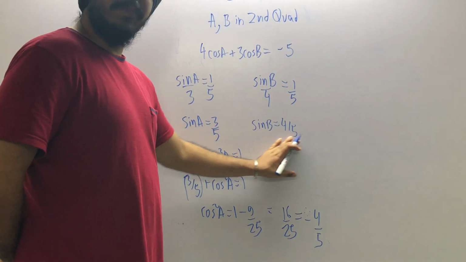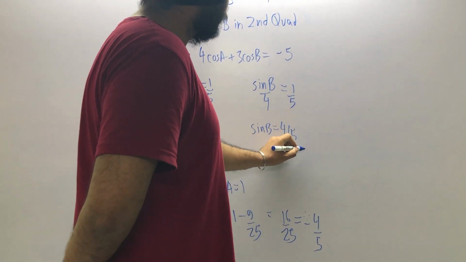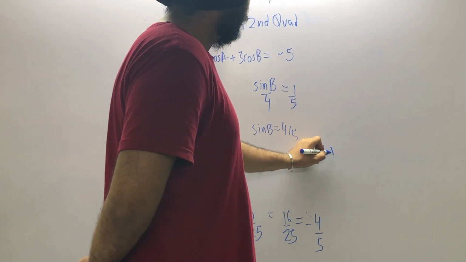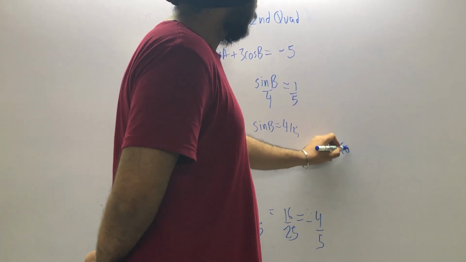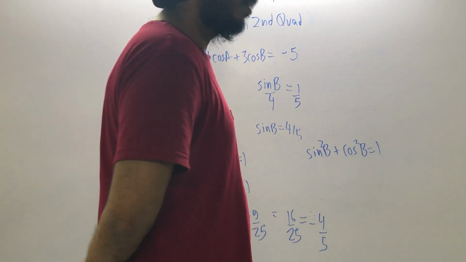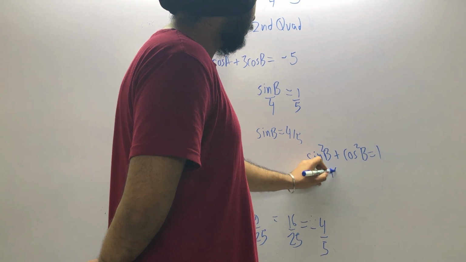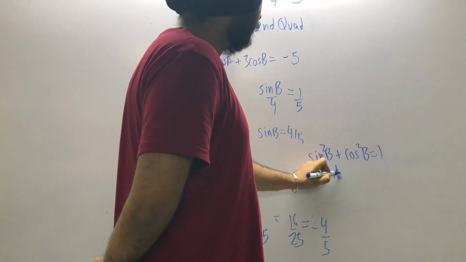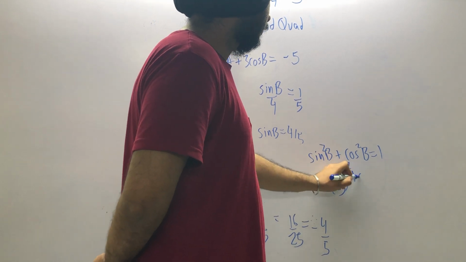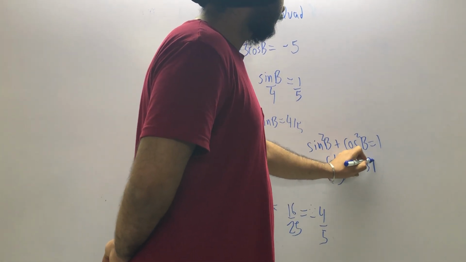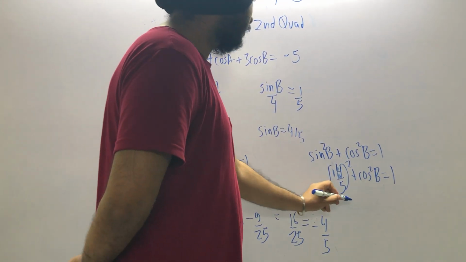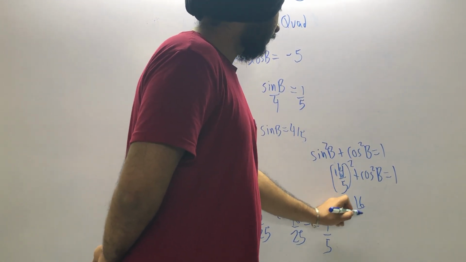Similarly, you can find from this equation sin square B plus cos square B is equal to 1. Sin square B will be 4 by 5 square. 4 by 5 whole square is how much? 16 by 25.